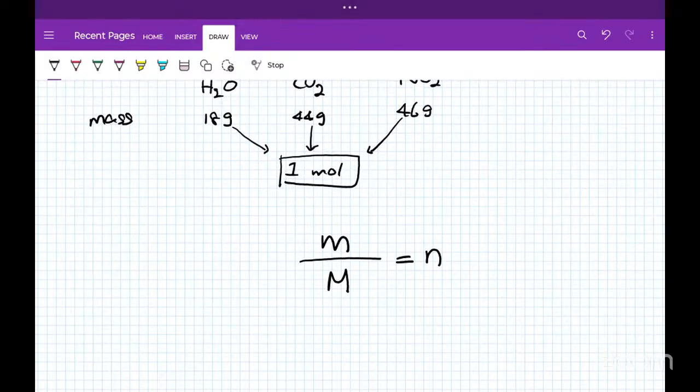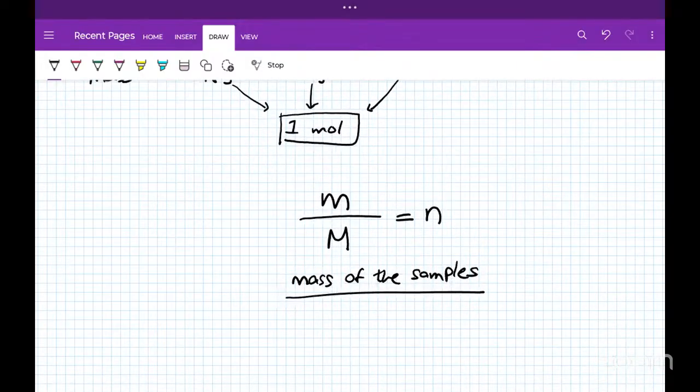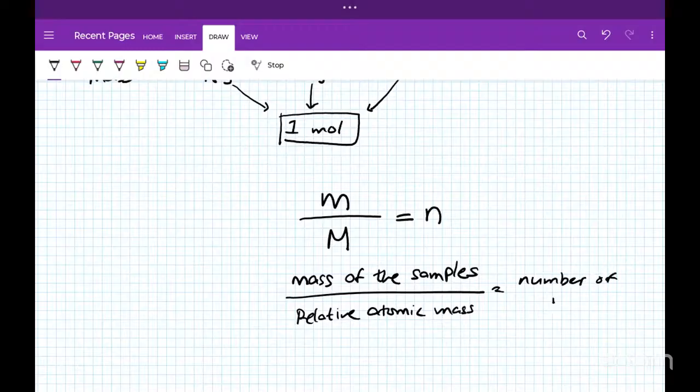If I expand this: mass of the sample, it can be atoms or molecules, divided by the relative atomic mass if it is an atom, is equal to the number of moles.